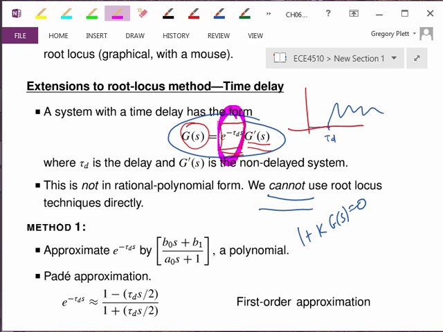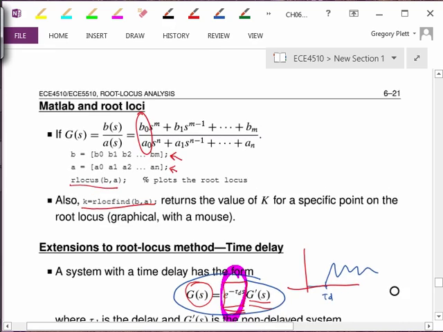And one is, well, if it isn't a polynomial, let's approximate it by a polynomial that looks a lot like it. And so let's say e^(-τd s), the offending term, could look like some (b0 s + b1)/(a0 s + 1) for some intelligent choice of the b0, b1, a0, and so forth.